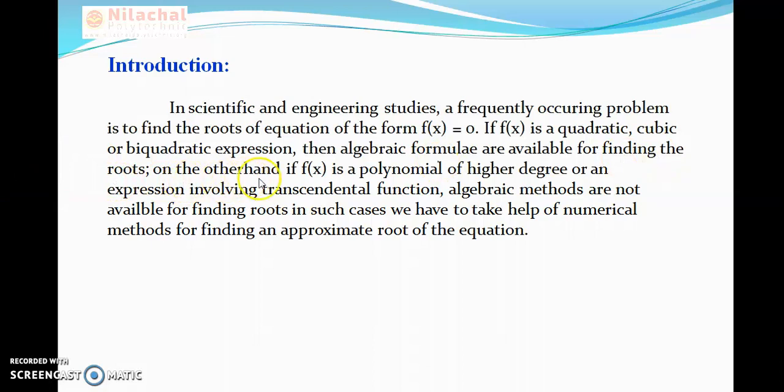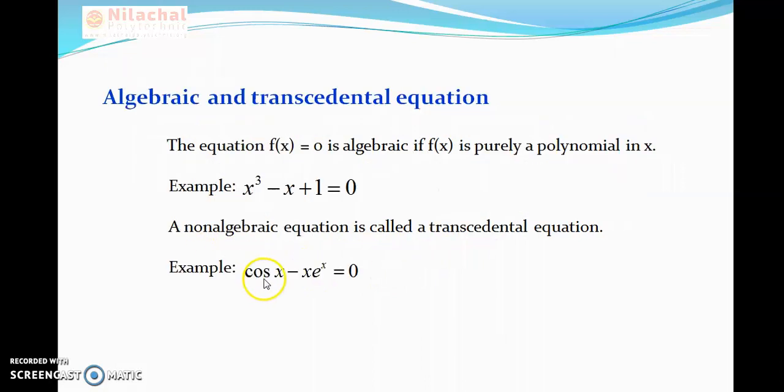On the other hand, if f of x is a polynomial of higher degree or an expression involving transcendental function, algebraic methods are not available for finding roots. In such cases, we have to take help of numerical methods for finding an approximate roots of the equation. So this is your introduction.